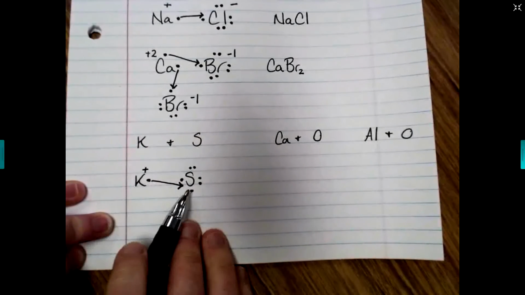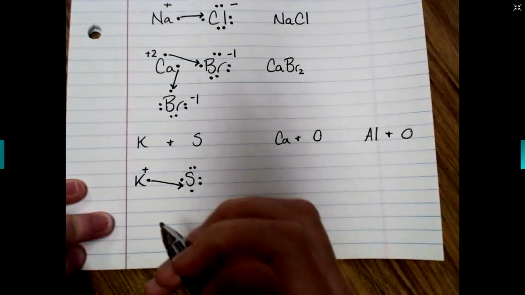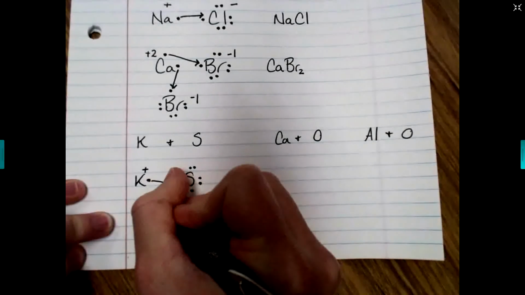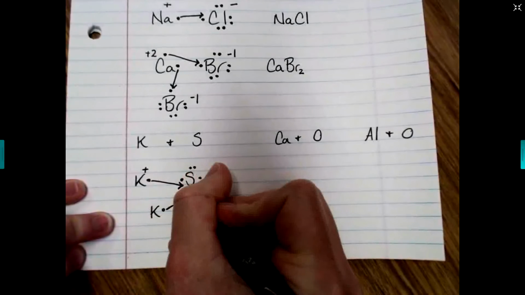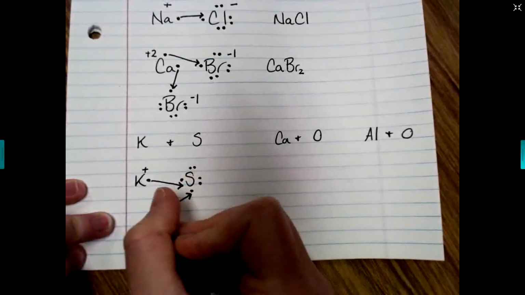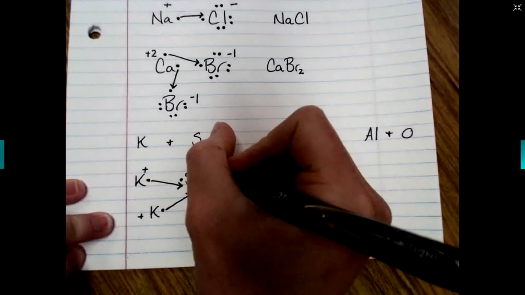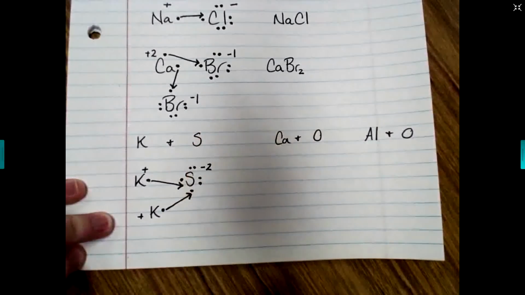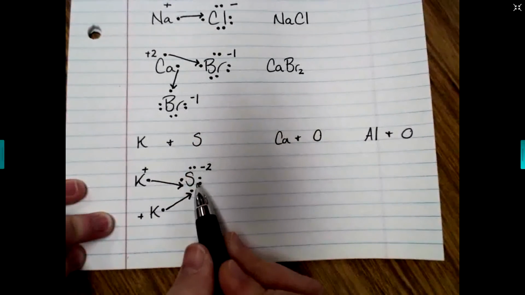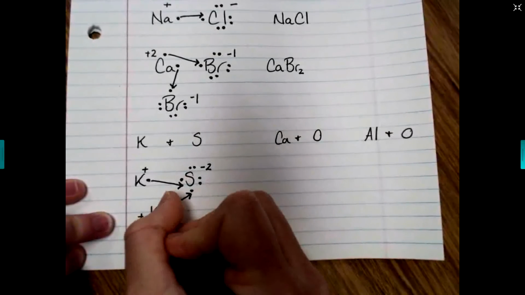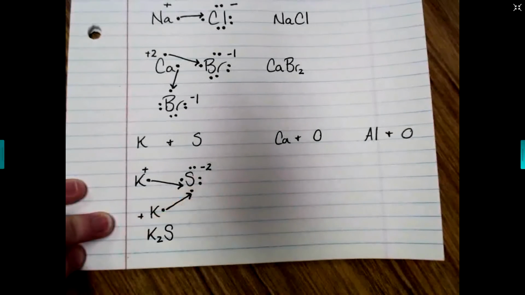Potassium is stable, but sulfur is not. You still need one more potassium atom to bond with sulfur in this spot. So now both of your potassiums have a +1 charge. Sulfur just gained 2 electrons, so it has a -2 charge. And your formula is going to be K2S.